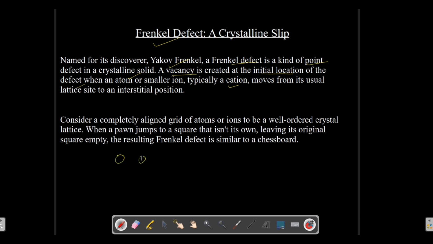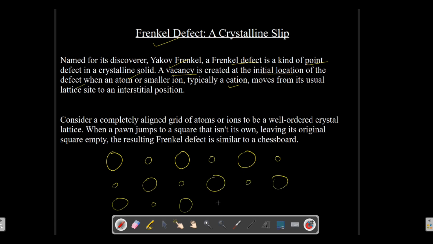See, let me try to make a proper drawing. The larger circle is for anion and the smaller circle is for cation. So you can see over here, I have made a crystal lattice.